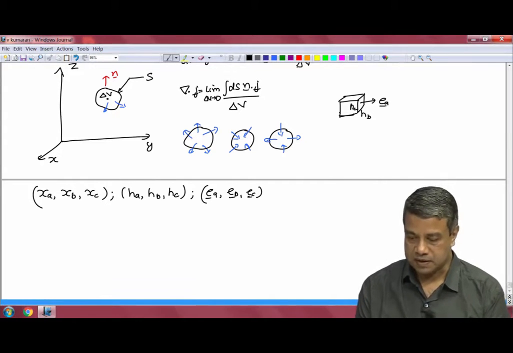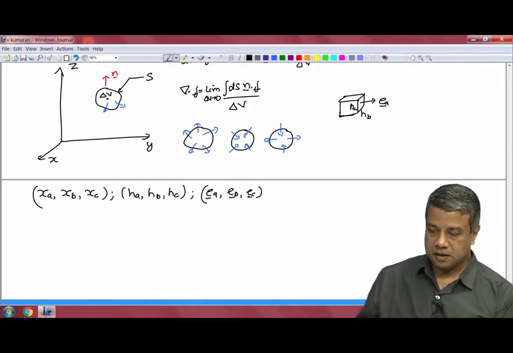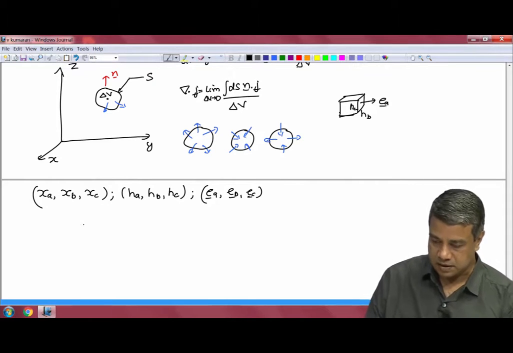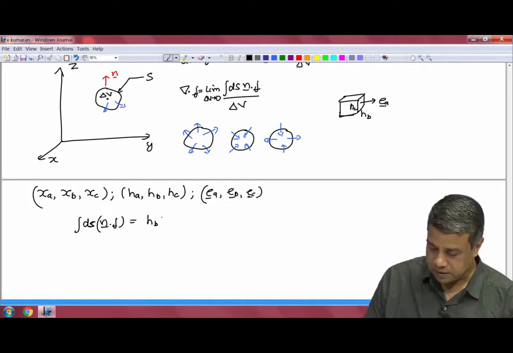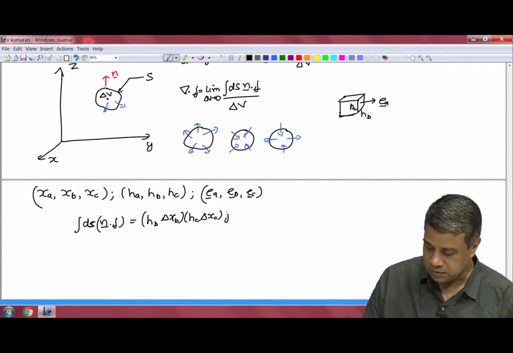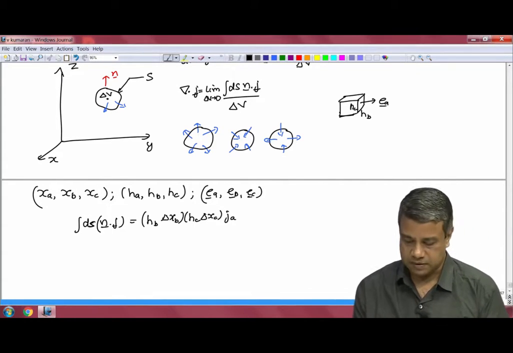This ds is h b times h c times the component of the flux along the a direction. So, therefore, integral ds of n dot j is equal to h b delta x b into h c delta x c into j a, the component of the flux in the a direction.